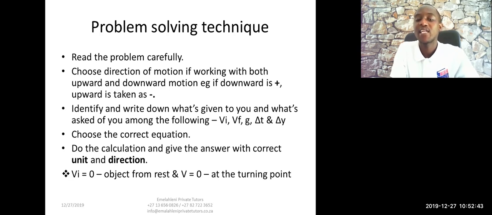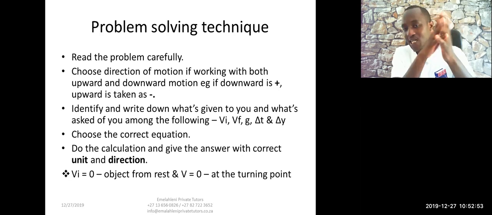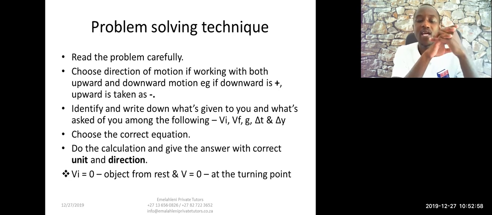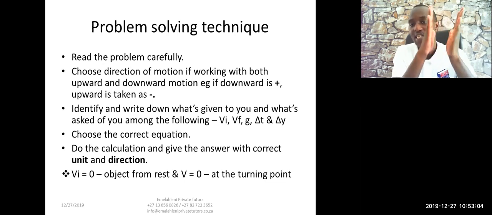Then identify and write down what's given to you and what is asked of you. When you're presented with the question, you must write down what is available to you first, then what is being asked. In that case, you'll be able to choose your equation wisely. Now, after the calculations, you must give correct units and direction.